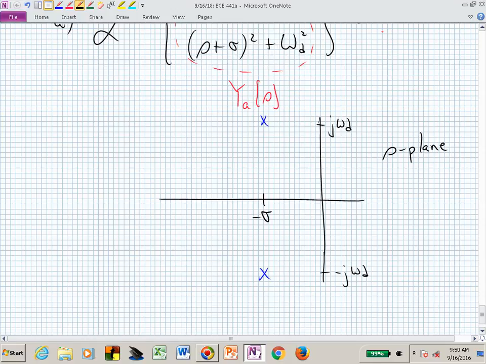What does this look like? This is an exponentially damped sinusoid, and I want you to go home and start reviewing your second order inverse Laplace and Laplace transform so that we're very comfortable with these exponentially damped sines and cosines, and we'll pick up at that point on Monday. This is Mark.